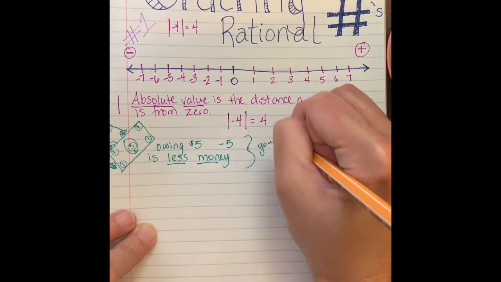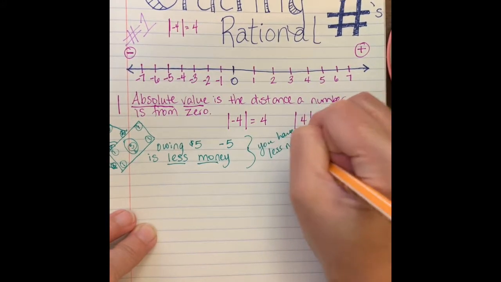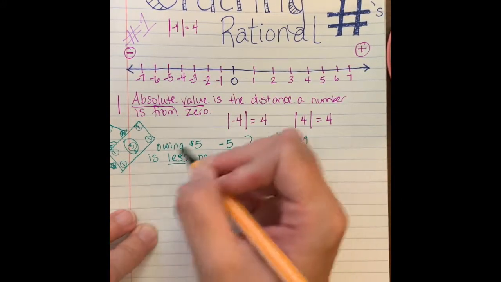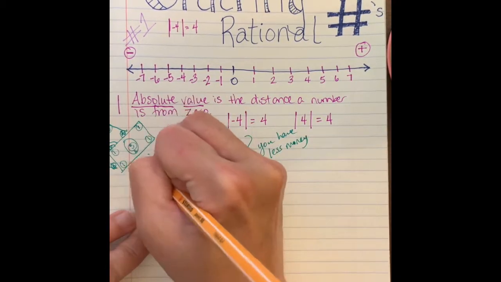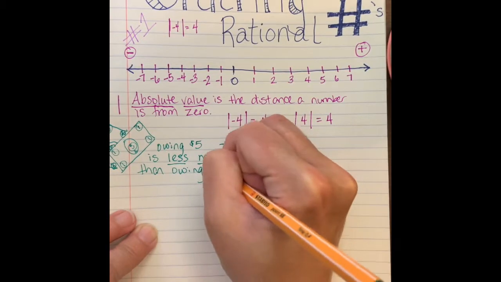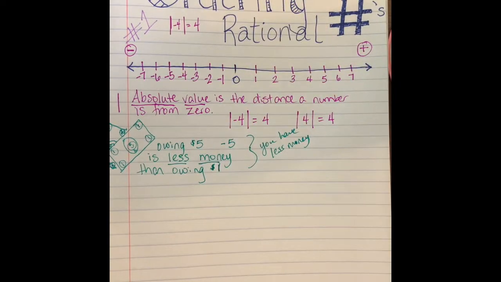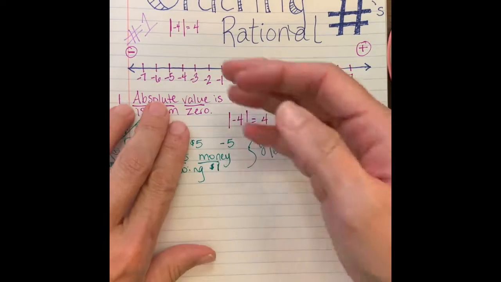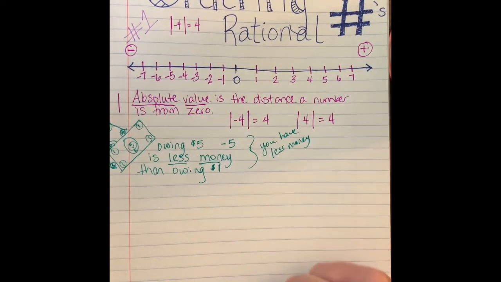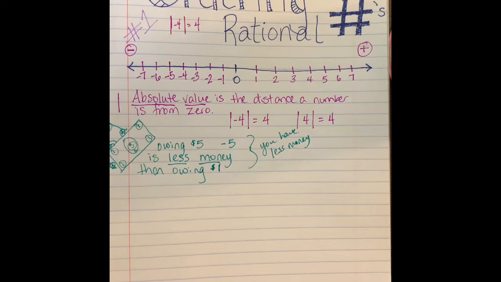Owing $5 is you having less money than owing $1. So for the sake of ordering rational numbers, we're going to say that the further left we go, the lower the value, and the further right we go, the higher the value.